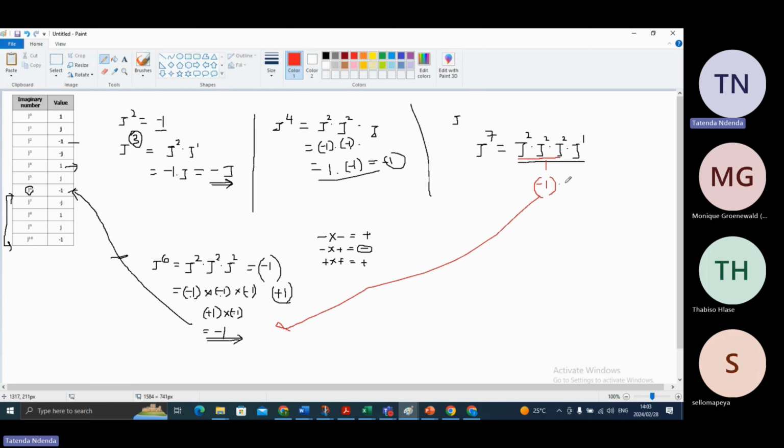Now we are left with another j, meaning that the answer will be equal to negative j, like this. Are we together? We're getting there.